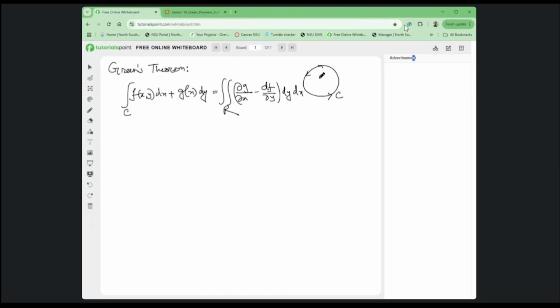How is R defined? R is defined by this closed space.